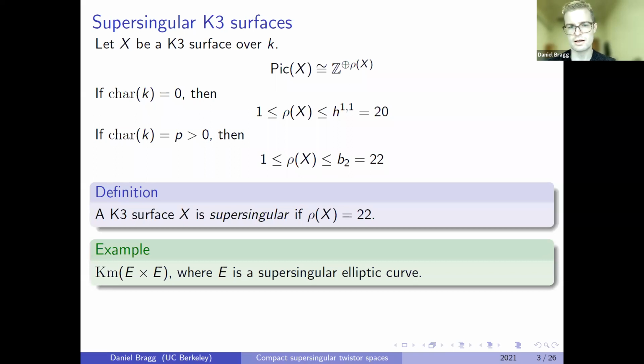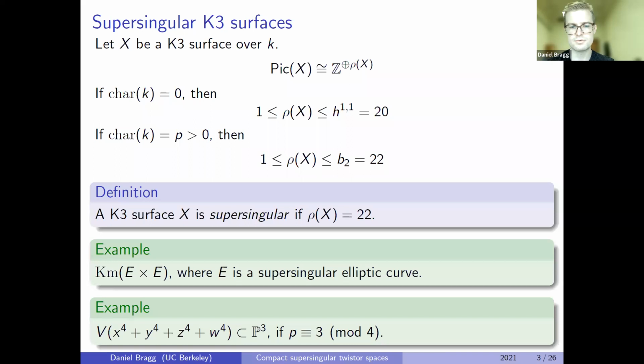So that gives you one in every positive characteristic. Here's another example. You could take the Fermat quartic inside of P^3, given by that equation. If p is 3 mod 4, this is a supersingular K3 surface. For the other p's it's a K3 surface too, and it's supersingular when p satisfies that condition.